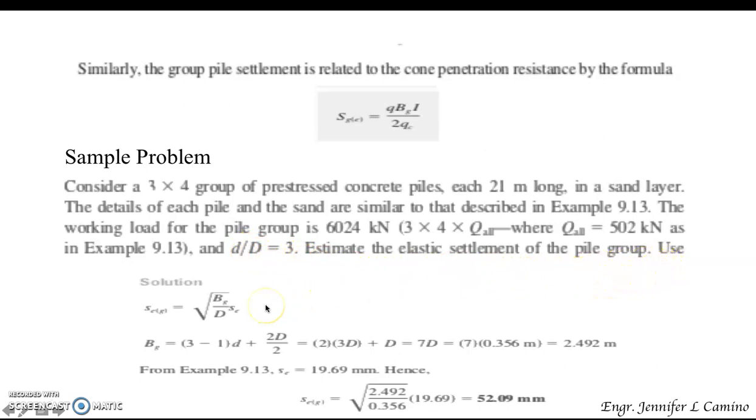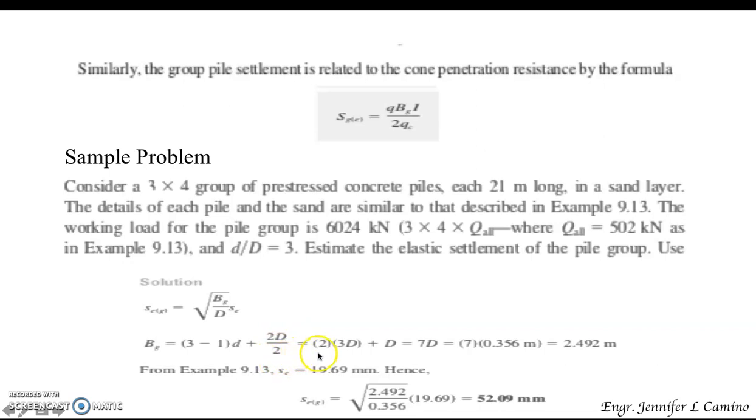So we're going to have this equation. The elastic settlement is equal to this. We have to identify our B sub G based on our equation a while ago. This is 3 minus 1 times our center-to-center spacing, plus 2 times, we're given the cross section, so our capital D here is D over 2.